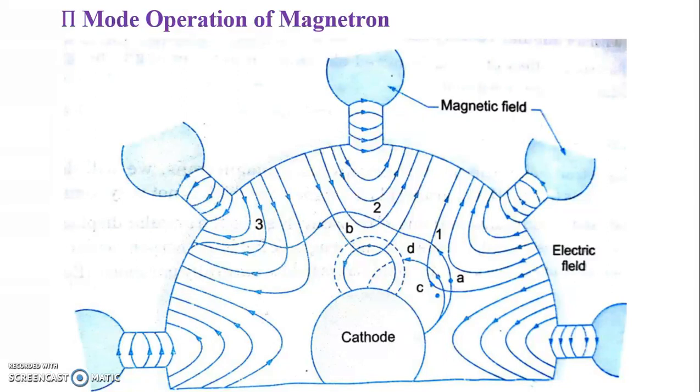The dotted electron paths refer to the case of static fields with no RF field. The solid paths refer to the electron trajectories in the presence of RF oscillations in the interaction space.